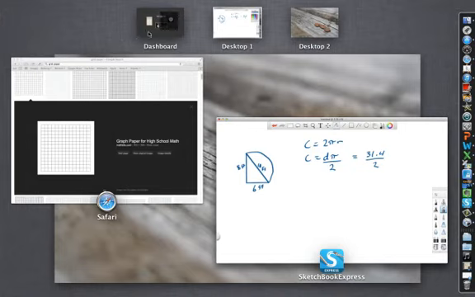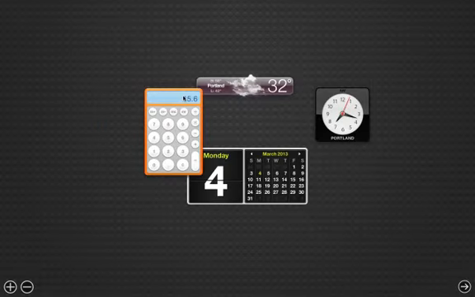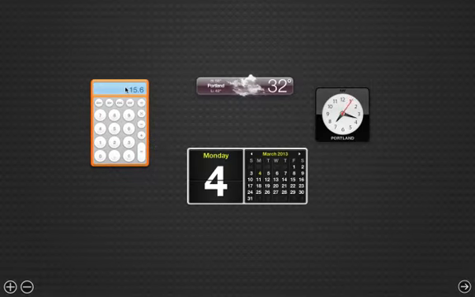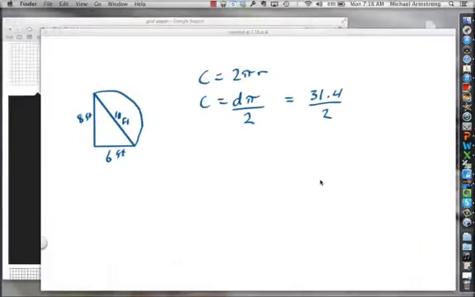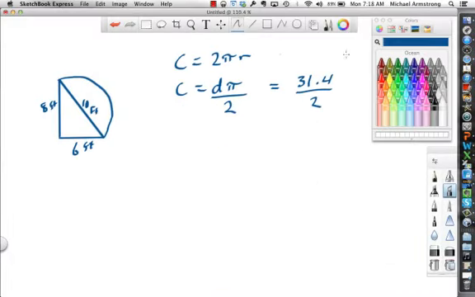Well, we know what that's going to be. 31.4 divided by 2 equals 15.7. Really? Close enough, I guess. Equals 15.7, which is 15.7 feet. That's for the half circle.